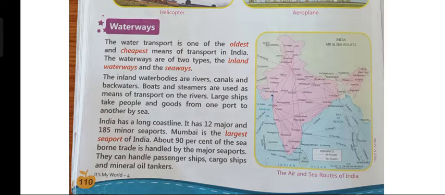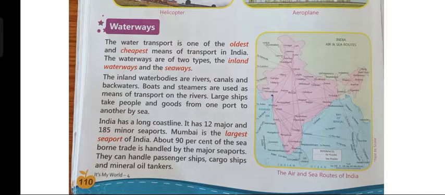So, children, water transport is one of the oldest and cheapest means of transport in India. Now, waterways are of two types, inland waterways and the seaways. Inland water bodies are rivers, canals, and backwaters.